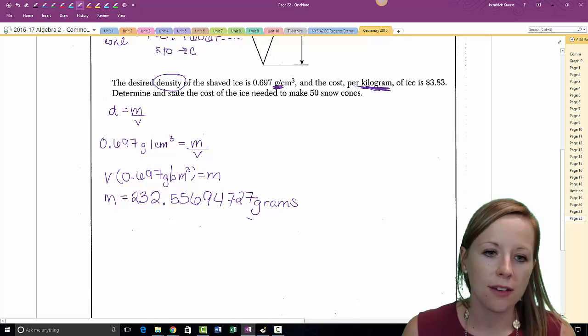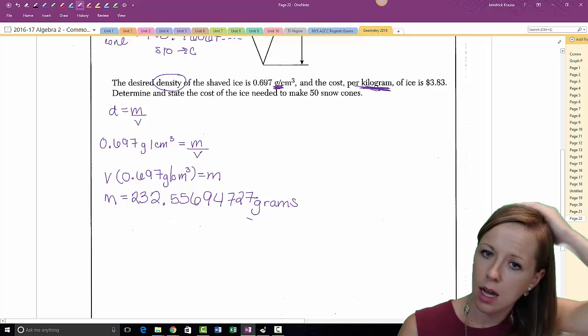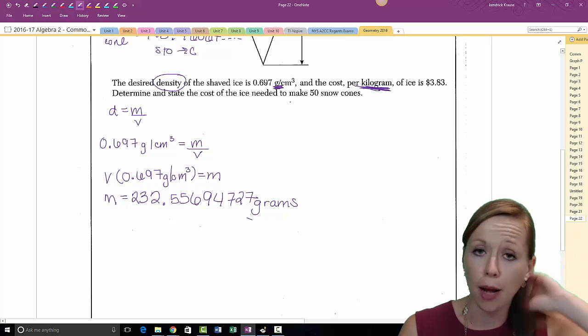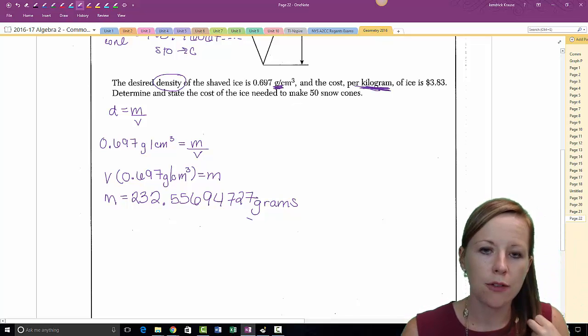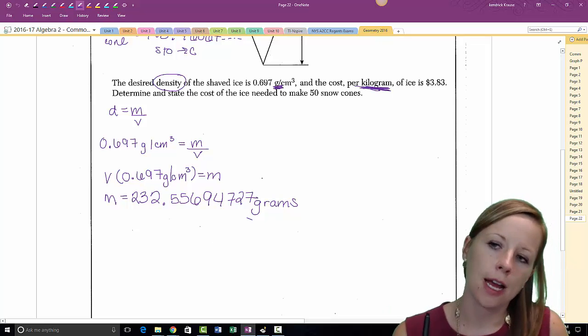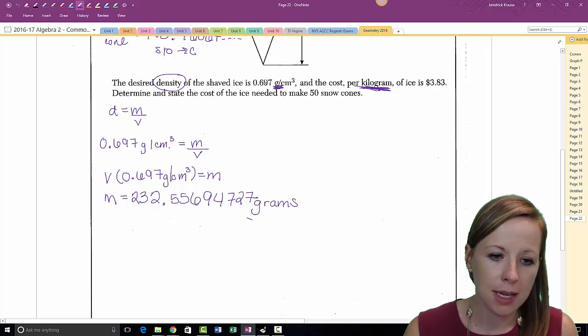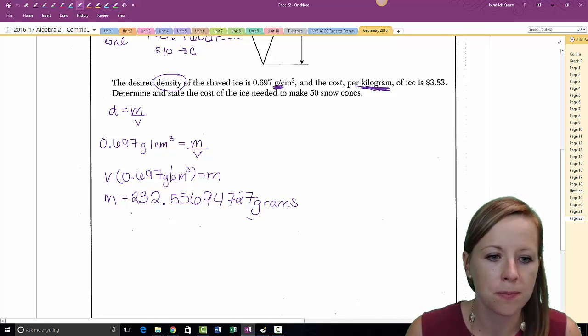Okay, but this is grams. We've got to figure out the cost per kilogram. So we've got a problem here, right? Well, if you know this, and I don't know if you do, kilograms are 1,000 grams. Kilo is 1,000. So I'm going to divide this number by 1,000.